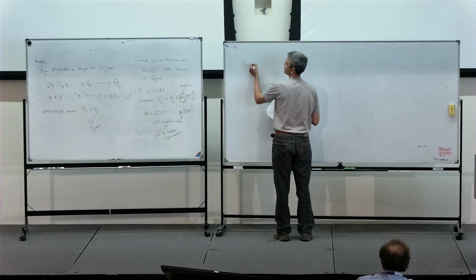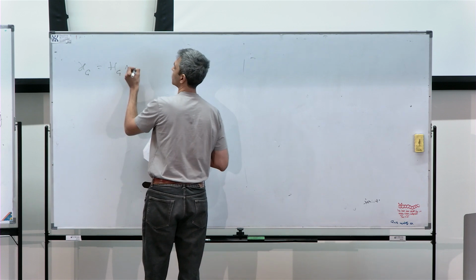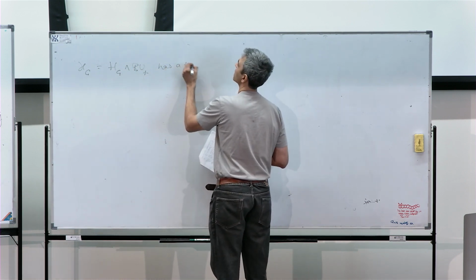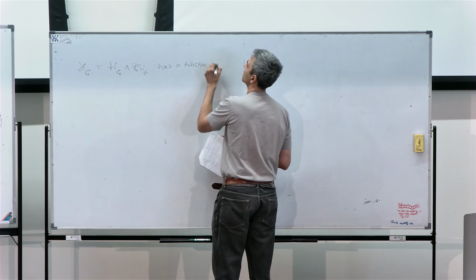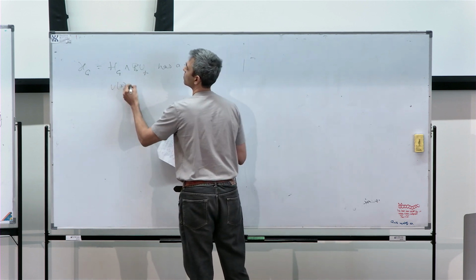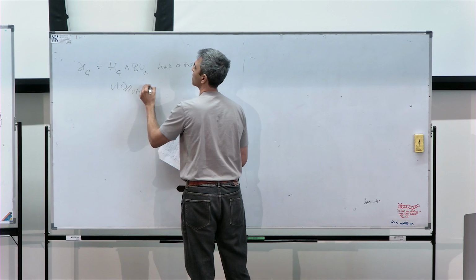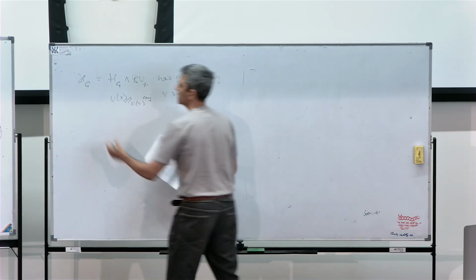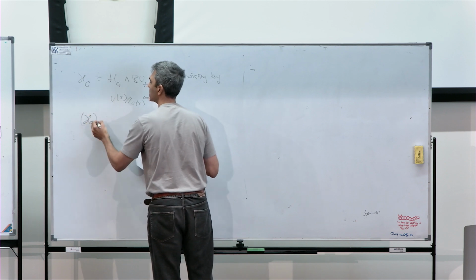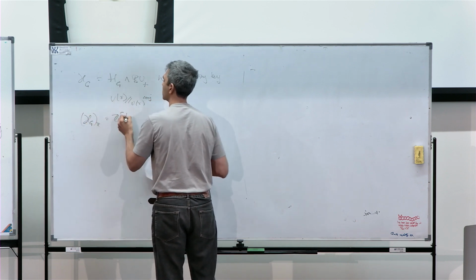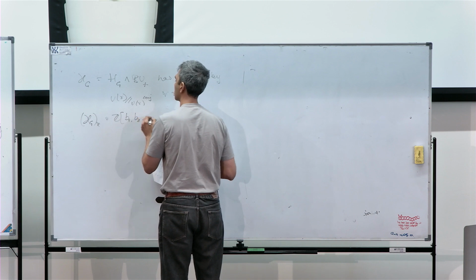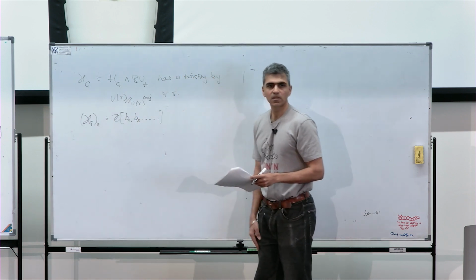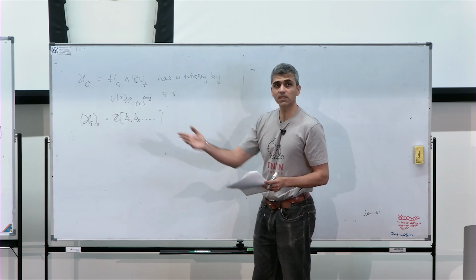Script HG, which is HG smashed with BU plus, has a twisting by UR mod UR conjugation for all R. Okay, so notice that HG of a point is just a polynomial algebra on these variables in even degree.